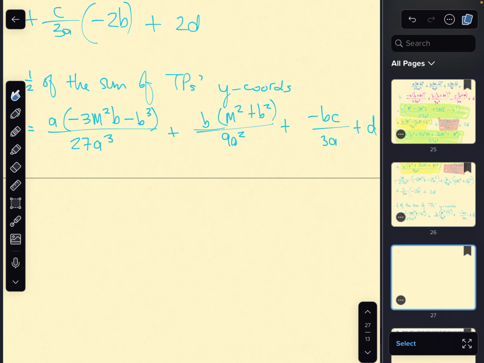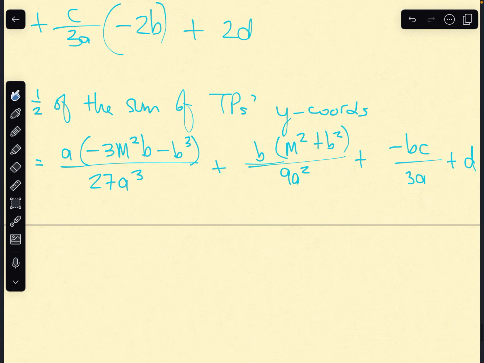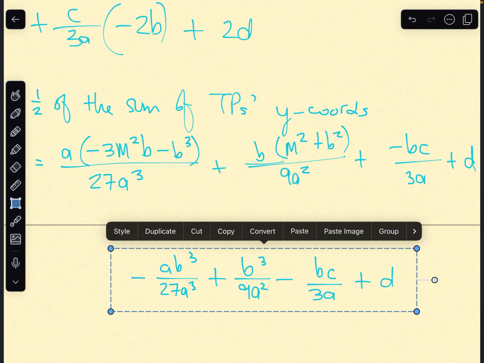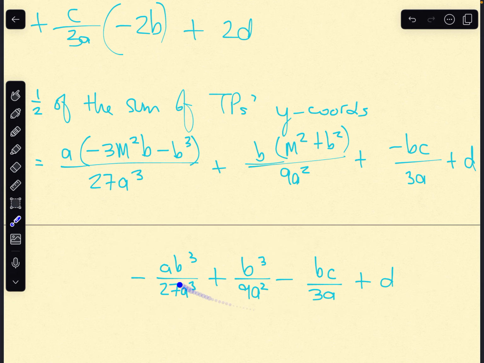Okay, the other thing is that we're hiding a very big expression inside this m. So maybe now it's time to bring it back, because maybe now things will cancel. Because right now, as things stand, we're hoping that we're going to get to this, right? And right now, we're not really there. The d's are there, minus bc over 3a, that's there.